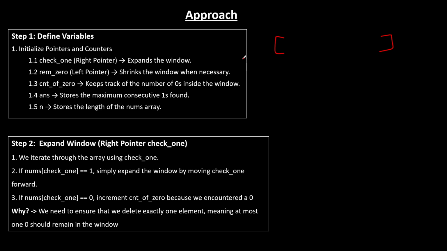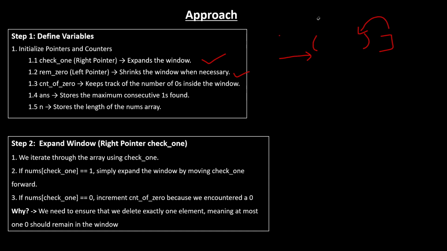Right is basically the right pointer, which expands the window, going in search of ones until you encounter a zero. And left is the left pointer, which shrinks the window until the count variable becomes zero. Basically, we remove the previously taken zero so we can take the new zero in the new subarray.